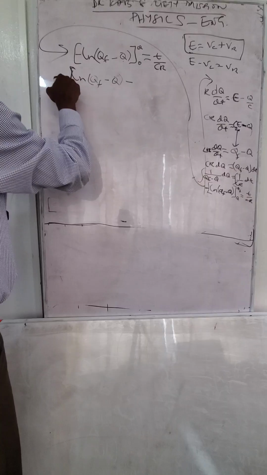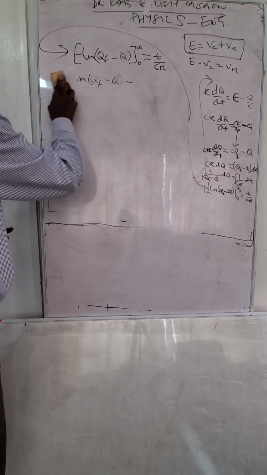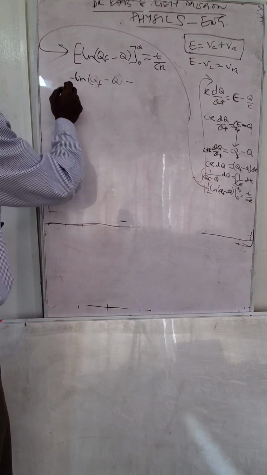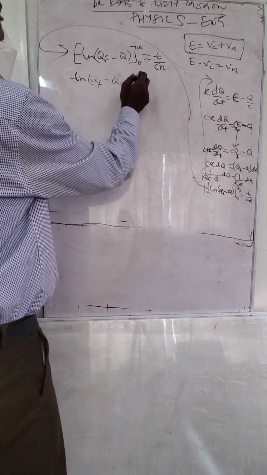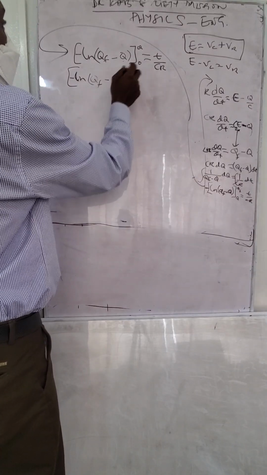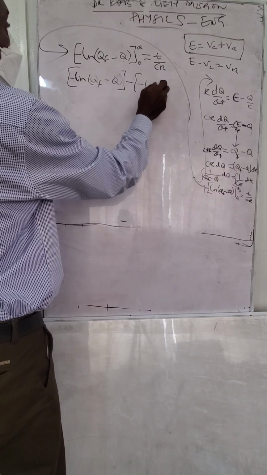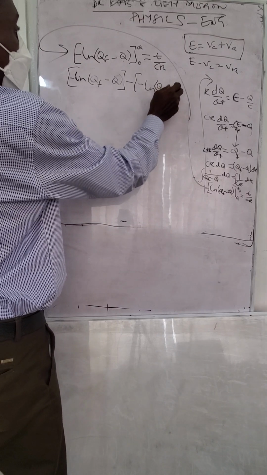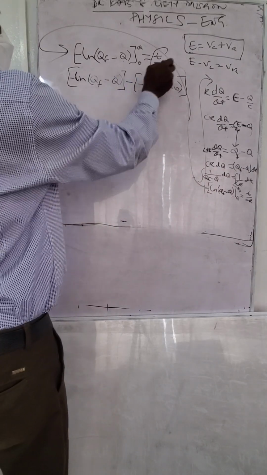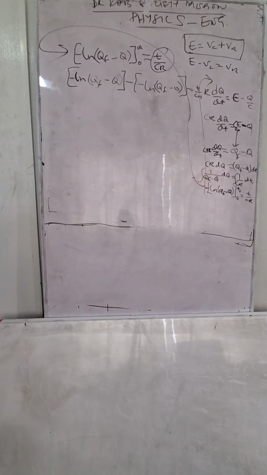Of course, because it is minus, you can put the minus sign in here if you want to. The first one is this minus, this is what we are getting. Minus, so this is what we have here. Minus the second one, where we are not going to substitute 0 in here. So minus Q F minus 0. Right, we'll link this side as such. So this is T over C. Let's clean that up.